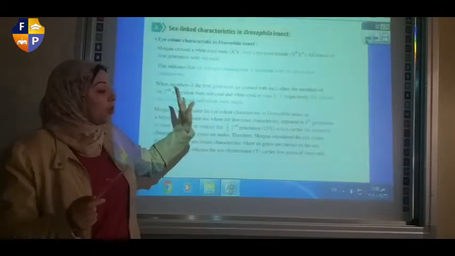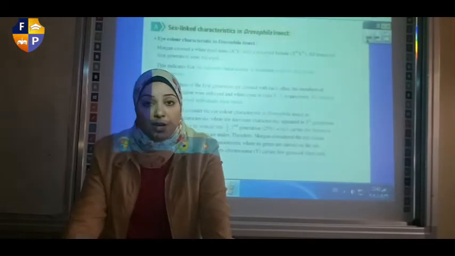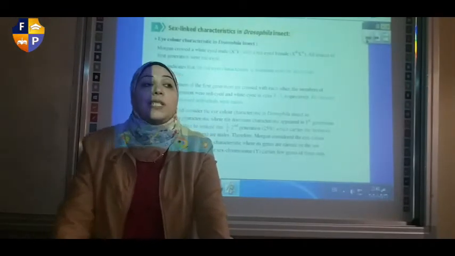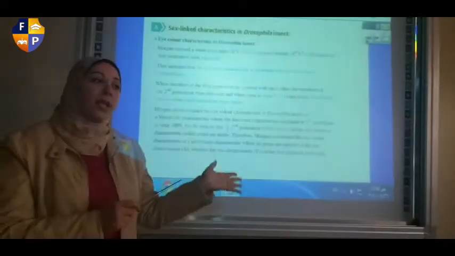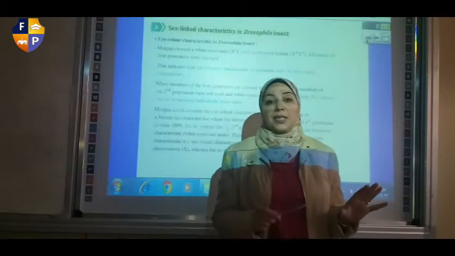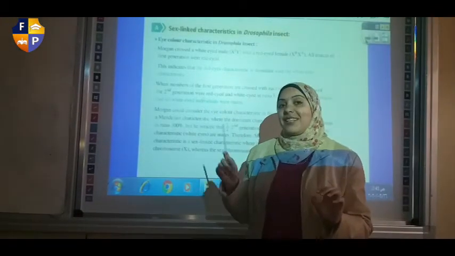Morgan made a cross between Drosophila females, which carry red eyes, with a male which carries white eyes. The first generation completely carried red color.